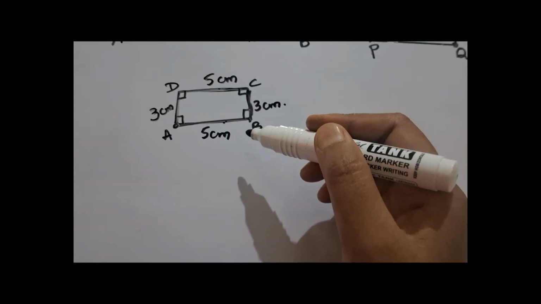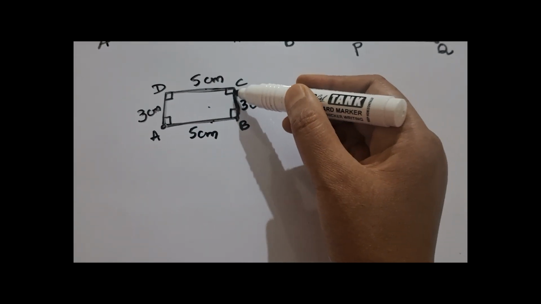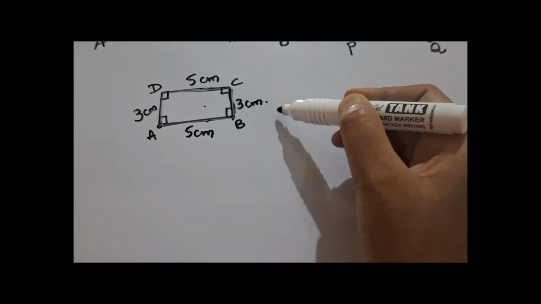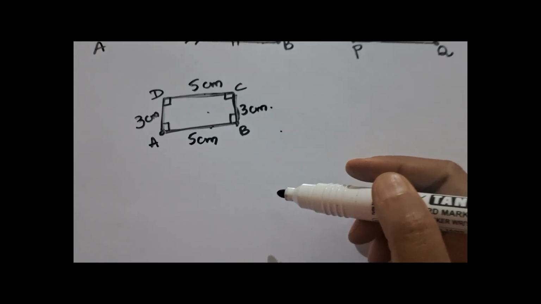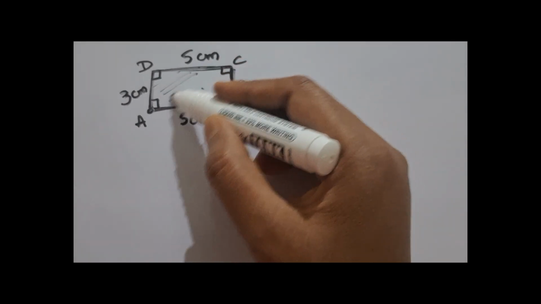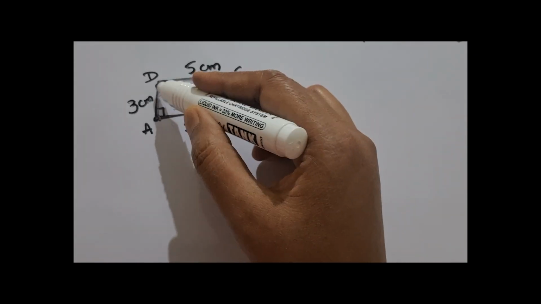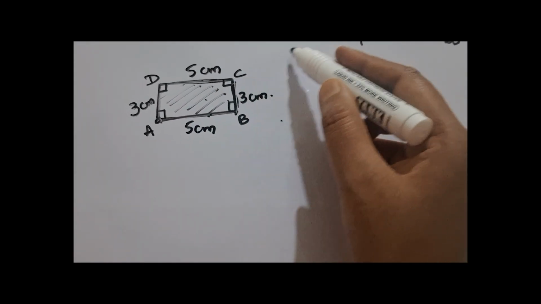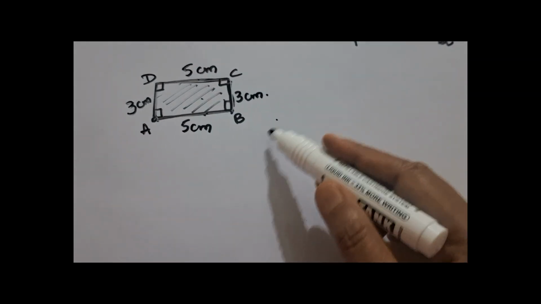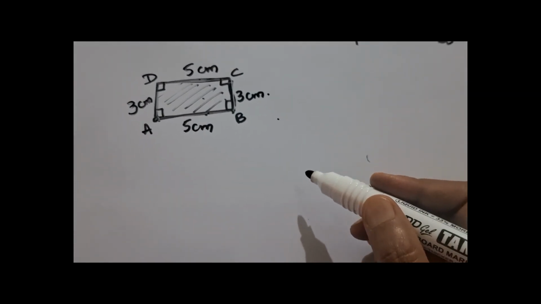Similarly, children, we also have interior part, the boundary part and the exterior part for the rectangle also. This one is the interior part of this rectangle and this is the boundary of this rectangle, and the remaining part, all the outside part, is called the exterior of this rectangle.